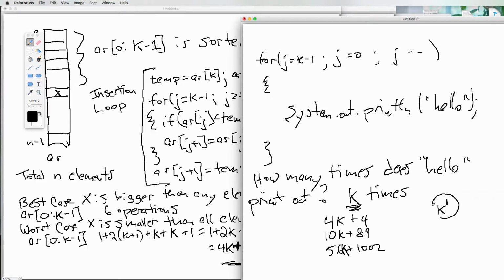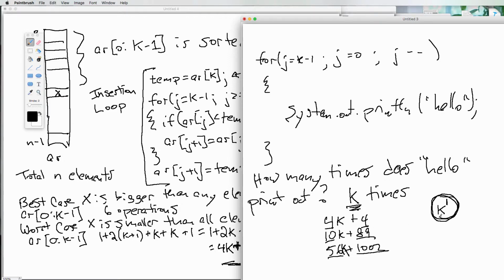And when we're analyzing algorithms, that's really the only thing that's important. We don't care about these constants, because these constants might be different from one machine to another. They might be different from one computer scientist to another computer scientist. And in fact, these constants that are in front of the k really don't matter either. And I'll explain that in a moment.